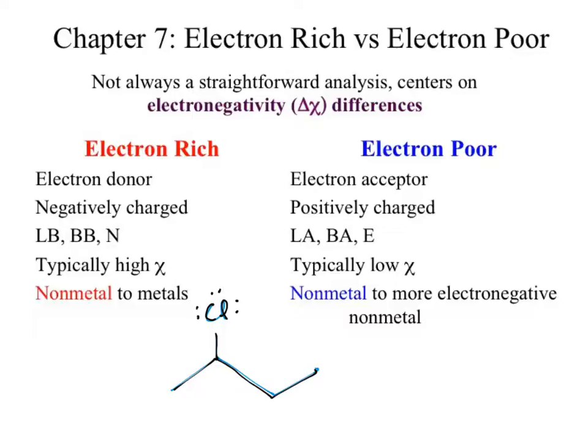Chlorine is also not positively charged. Typically low electronegativity. Chlorine's one of the higher ones. It pulls electrons from the carbon, making the carbon positive. There's our electron poor atom. It's actually the carbon.